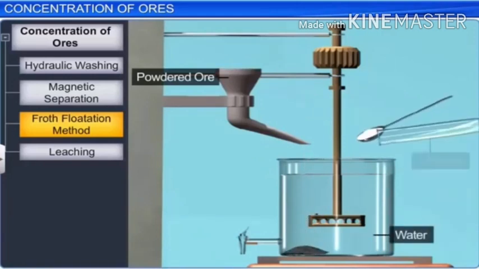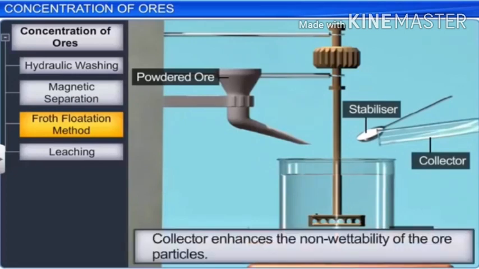In this process, the ore should be crushed to make a powdered ore, and this powdered ore should be mixed with water along with substances known as collectors and froth stabilizers.